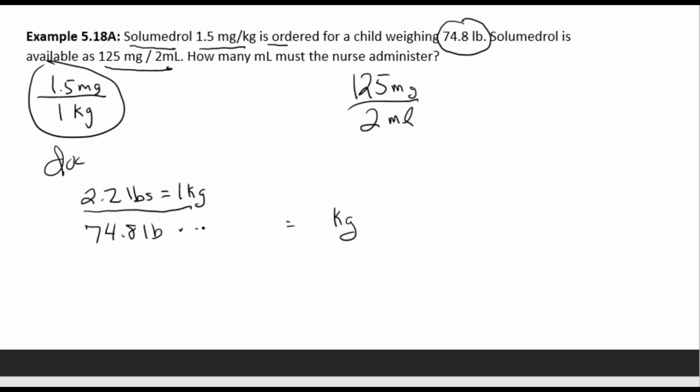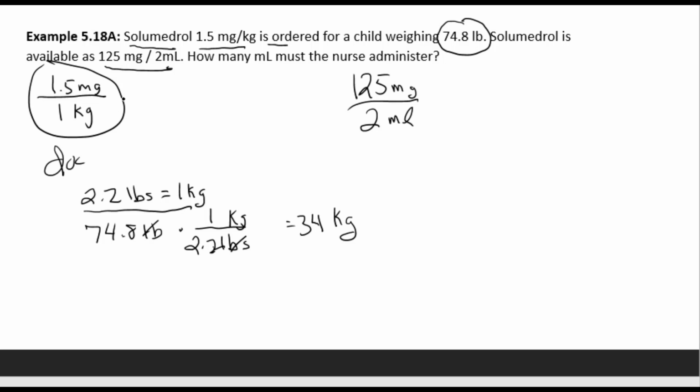And what goes on the top and what goes on the bottom again? If you guessed pounds go on the bottom, you would be correct because the pounds have to cancel because you want kilograms. So that would be 1 kilogram per 2.2 pounds. So this is 74.8 times 1 divided by 2.2. And I'm getting 34 kilograms when I put it in my calculator.